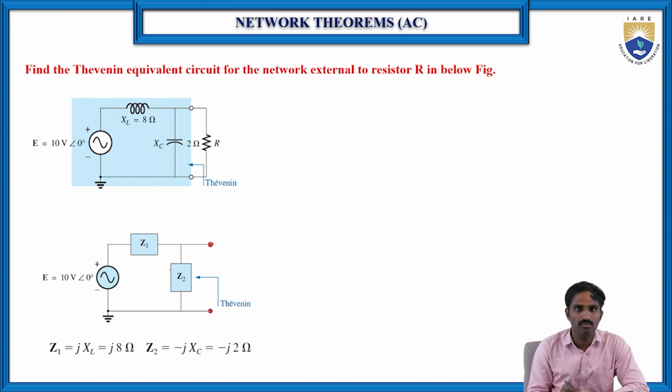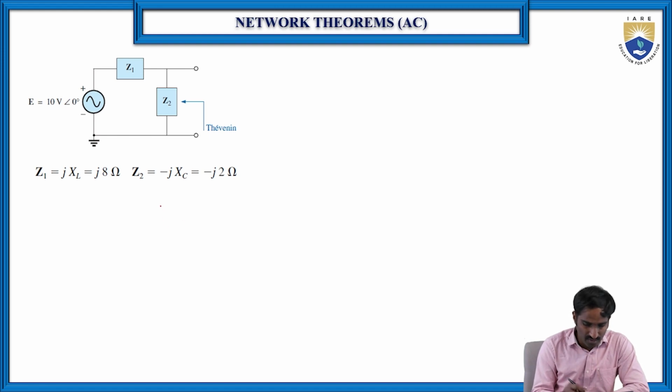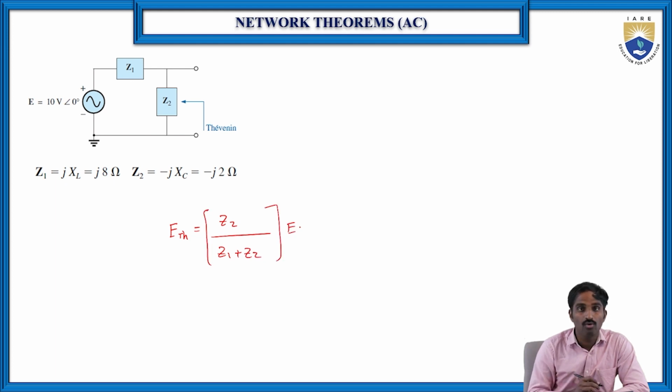So simply we can apply the voltage division rule to find the voltage across Z2, because the voltage across these two terminals is nothing but the voltage across Z2. So E Thevenin's is equal to Z2 divided by the total impedance Z1 plus Z2, into the total voltage E.